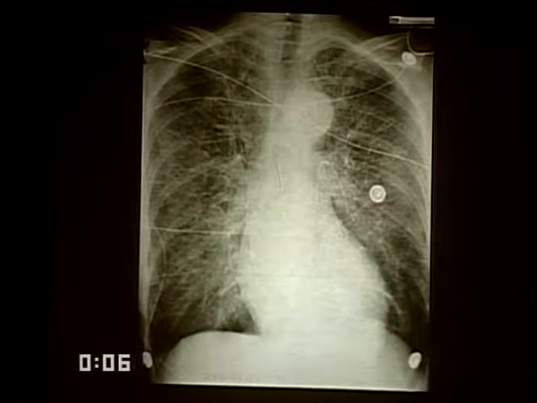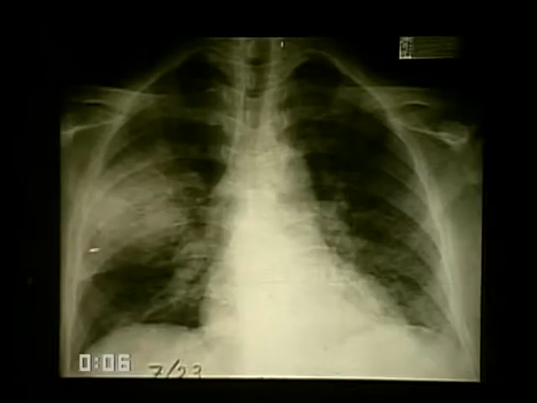In contradistinction to that, when one looks at an airspace disease, it is very homogeneous, and all of the air sacs are filled. This, of course, is a classic example of acute congestive heart failure, but don't be deluded into thinking that the curly B line is necessarily indicative of edema, because it can be produced by anything that thickens the structures in the wall of the secondary pulmonary lobule, the venule, the connective tissue, or the lymphatics.